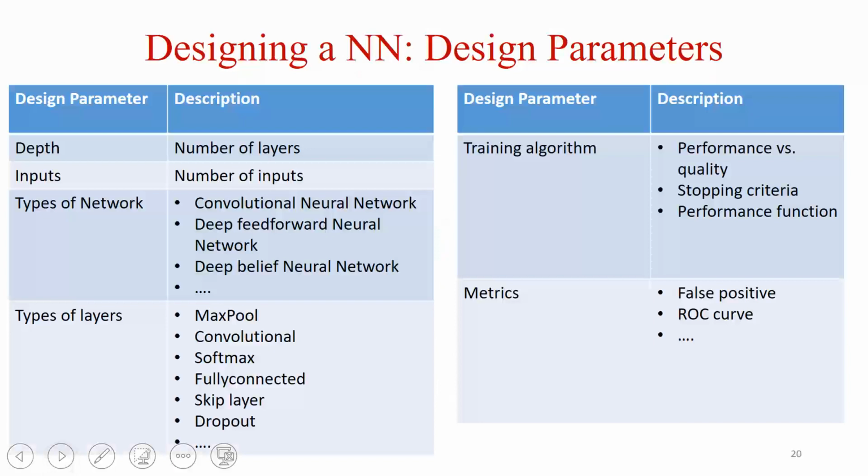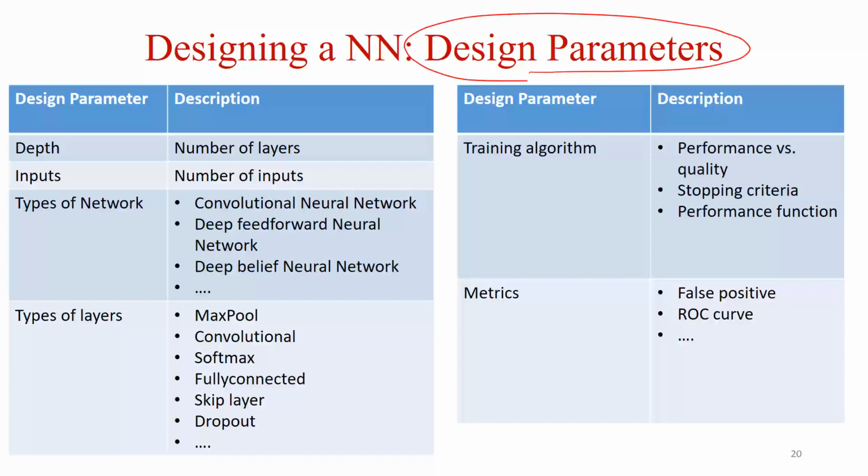Okay, important for a neural network are the design parameters here. How many layers, how many inputs, the type of network. We'll talk about those, max pool and softmax and all that.